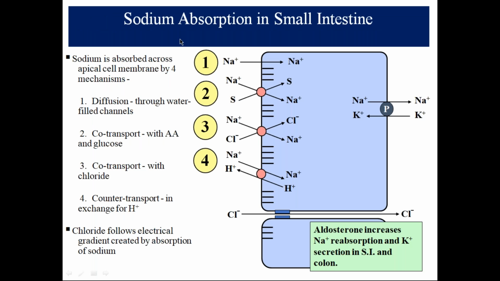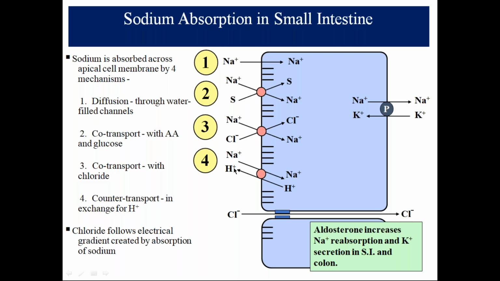So sodium absorption in small intestine, it can be absorbed by 4 mechanisms. One is sodium diffusion through water-filled channels. दूसरा है कि co-transport हो रहा है उसका either with glucose या with amino acids which I've already described, या उसका co-transport हो रहा है with chloride ion.